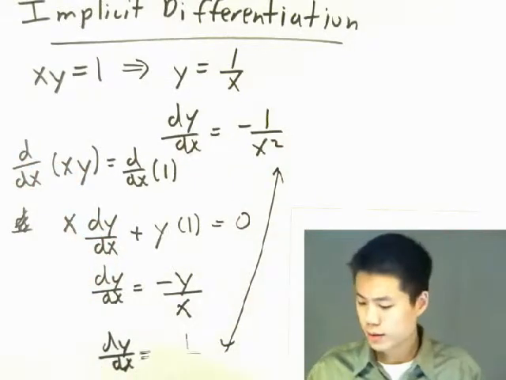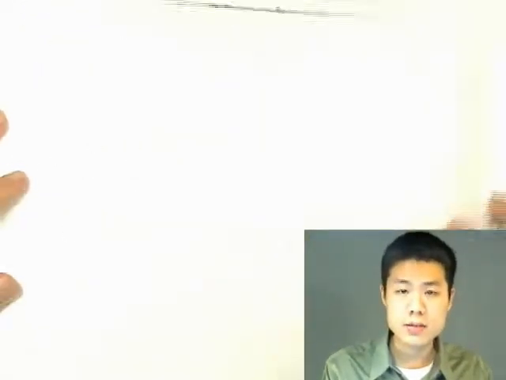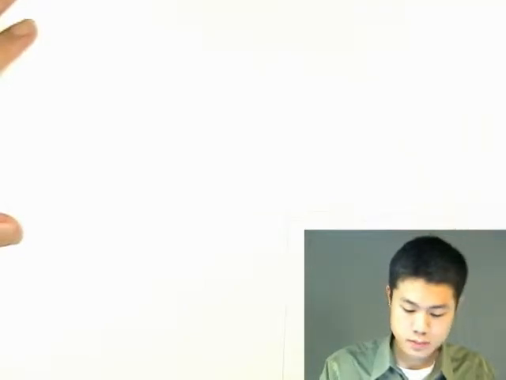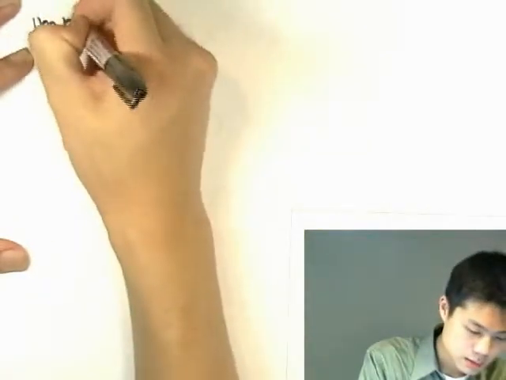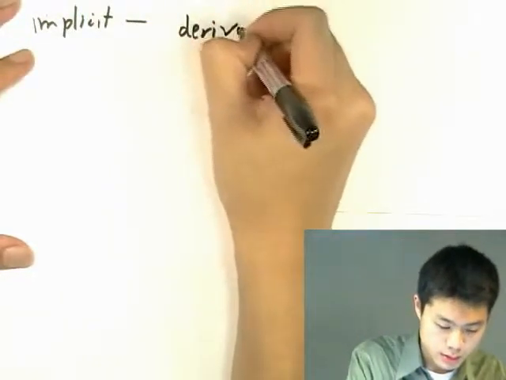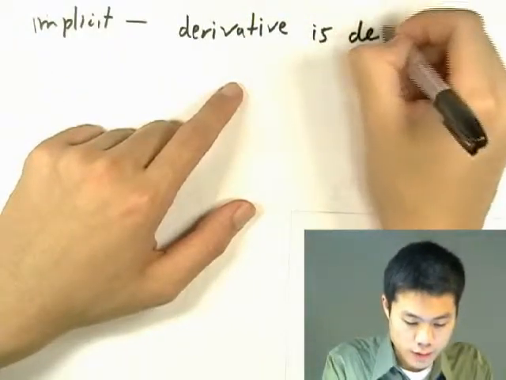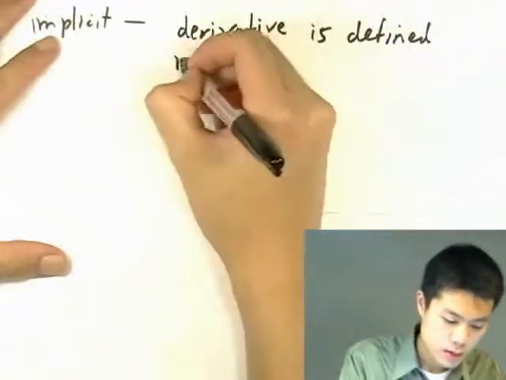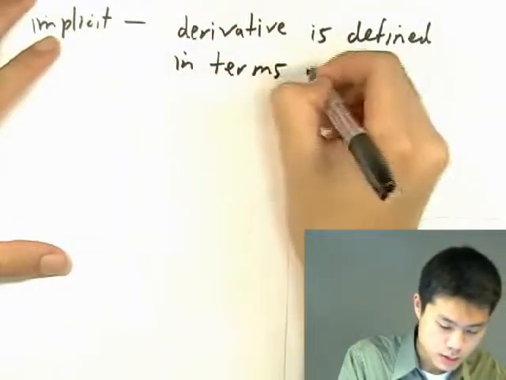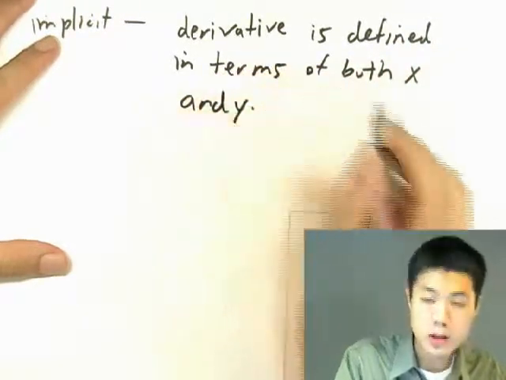So what did we just do there? What I just showed you was something called implicit differentiation. It's implicit because the derivative is defined in terms of both x and y.